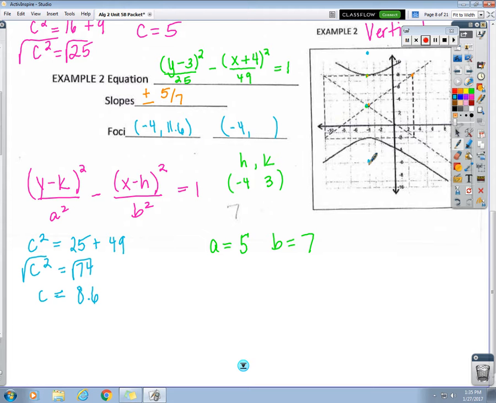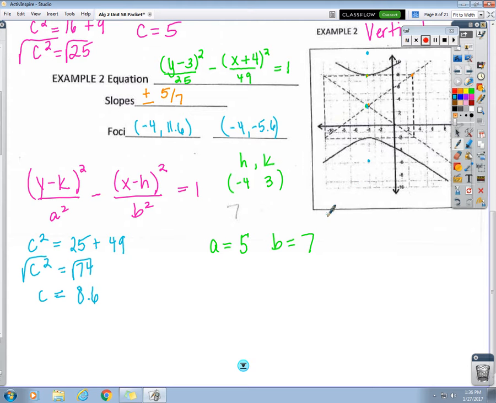Okay, to get to this point, you go left 4, and then think about it. Well, this was 3, and did we minus 8.6 from it? So what's 3 minus 8.6? Negative 5.6. 3 minus 8.6 is negative 5.6. And if the graph were better, you would have been able to figure that one out by just looking at it. It's just the graph is terrible.